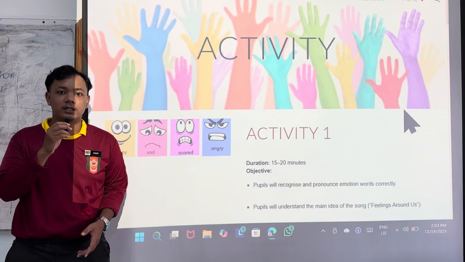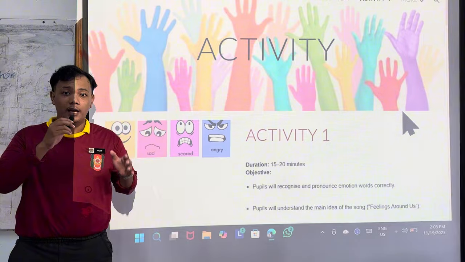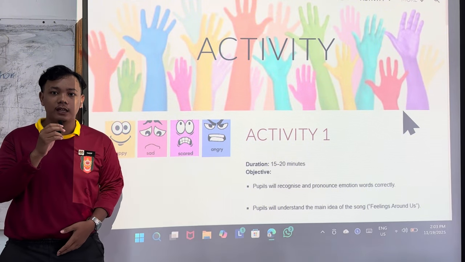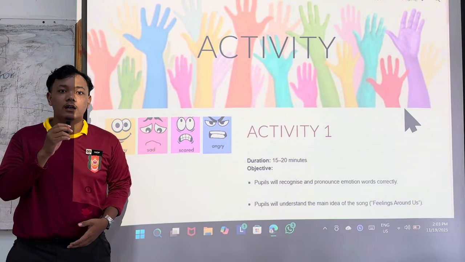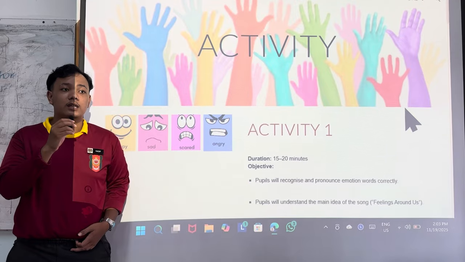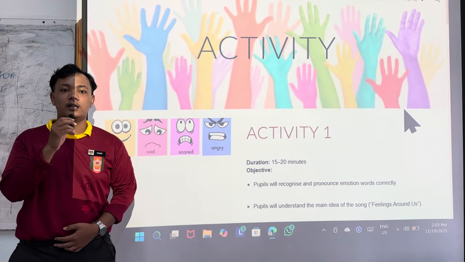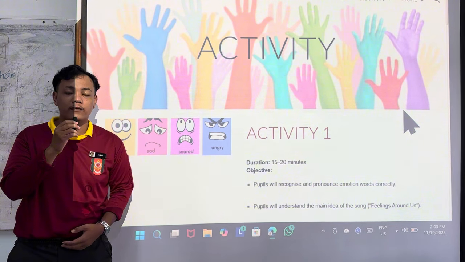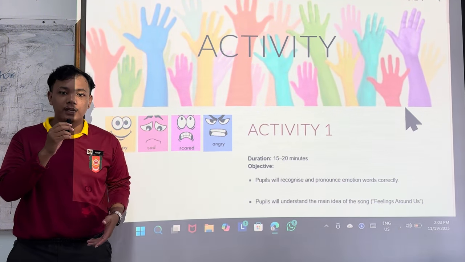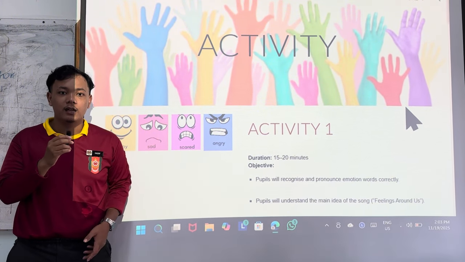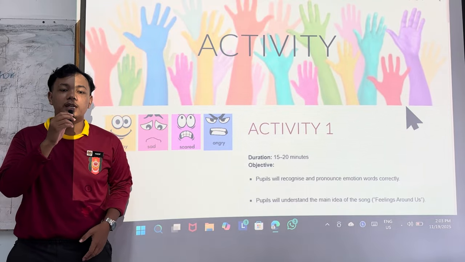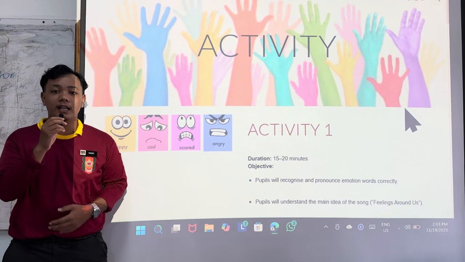The theme of emotions is highly suitable for language and aesthetic development for a couple of reasons. First is language development. Pupils learn high frequency vocabulary, which is happy, sad, angry, and scared, and they also practice speaking using simple emotion expressions.